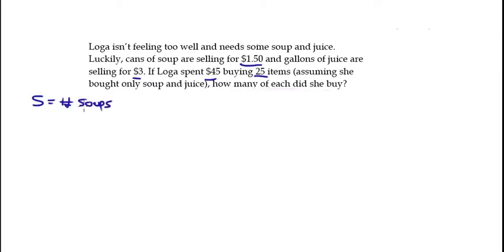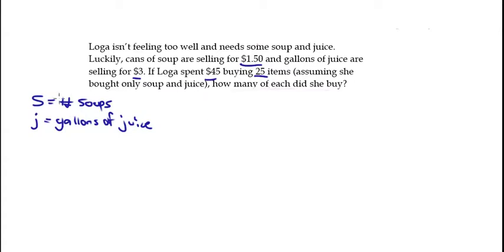Juice, we'll just say that's J. So J would be the number of gallons of juice. Okay, so we have our two variables, S and J.